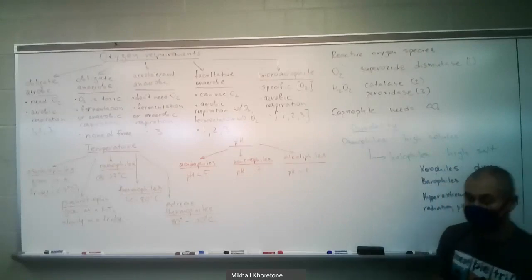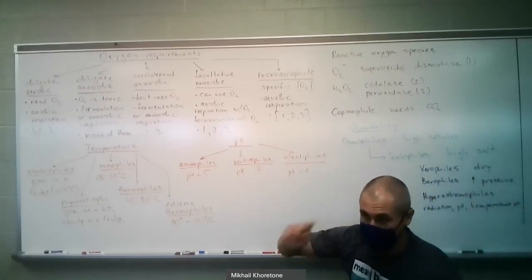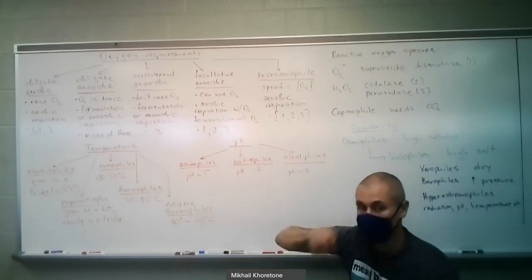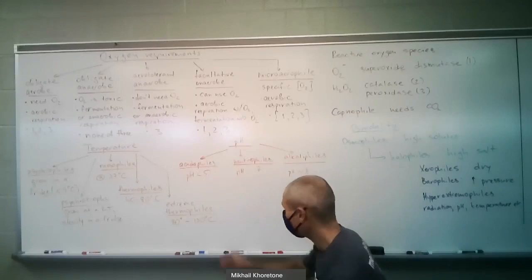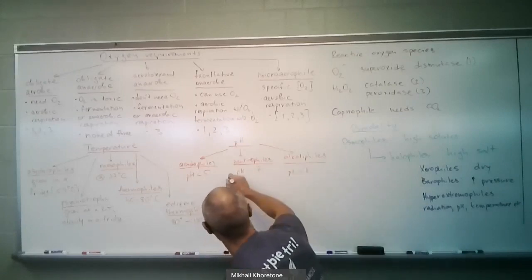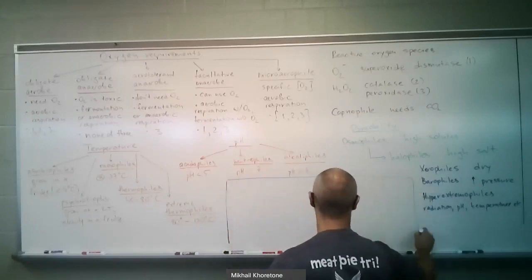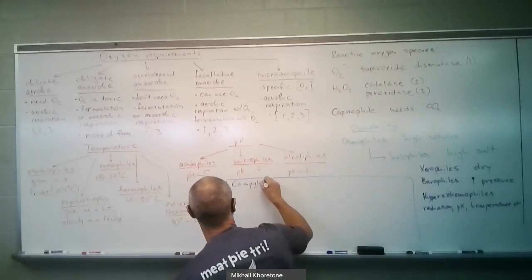Now, the last bit before we go on break, because this is what I suggest. We're going to do this last bit, go on the break, come back into the lab. Okay? So this last bit will be about a microorganism called Campylobacter jejuni.